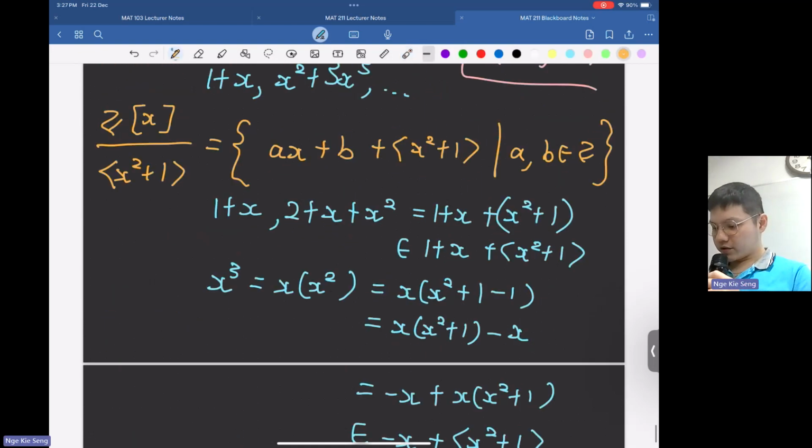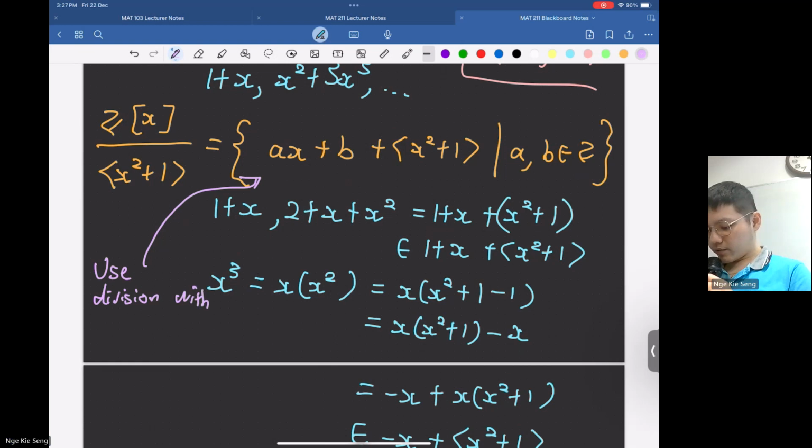So you could make a remark here: you could use division with remainder to see these are the concept.